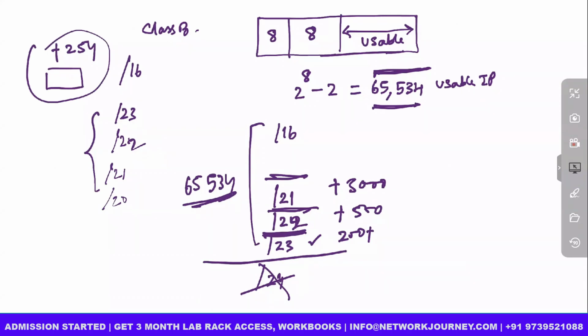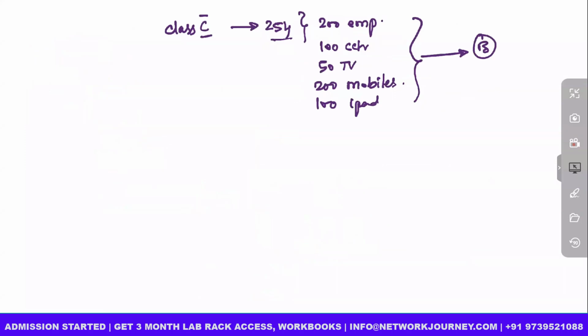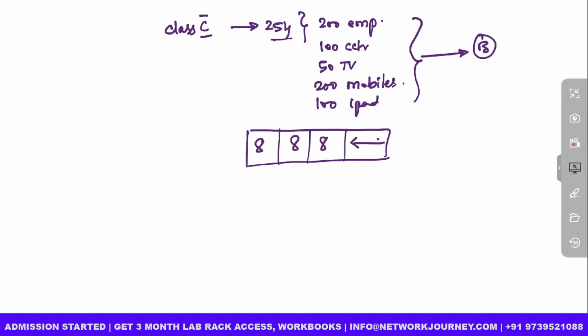Okay, and in class C, as we know, if I once again write it in terms of this, the usable is only this. So 2 to the power 8 minus 2, which is 256 altogether. You subtract 2, the first and the last. So you get 254 usable IPs.